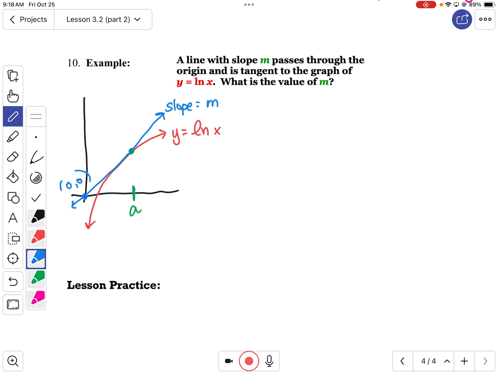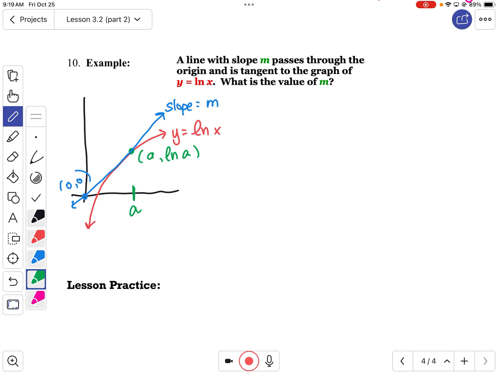Now, let's name that point where this is happening. If the x value is a, what's the y value going to be? ln of a, because it's on that graph. So that's my point. We're talking about the slope of that tangent line. Do I now have 2 points on that tangent line?